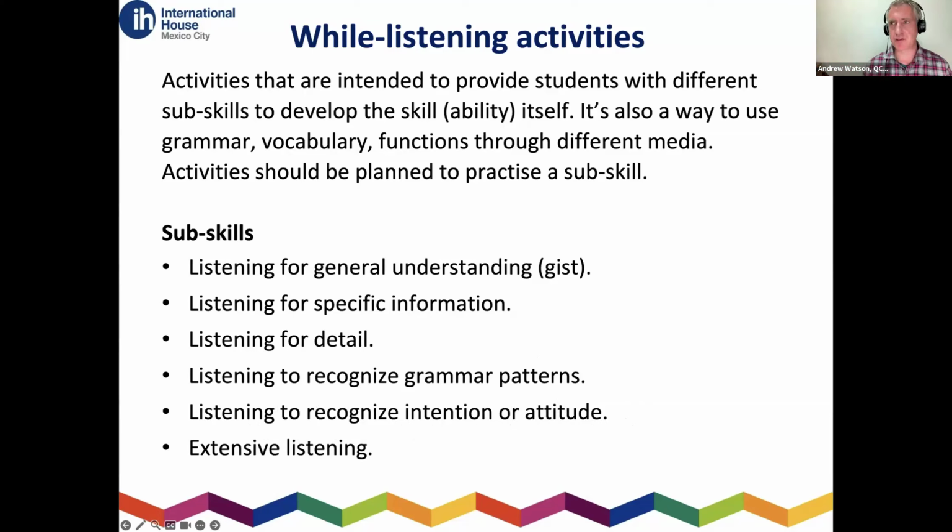Yeah, it's a more advanced sort of listening skill that will be tested on IELTS. And extensive listening is a bit like extensive reading. It's like listening for fun. So things like podcasts could be that, right? That might be difficult to use in the classroom because they're often quite long, but you could think about giving extensive listening for homework.